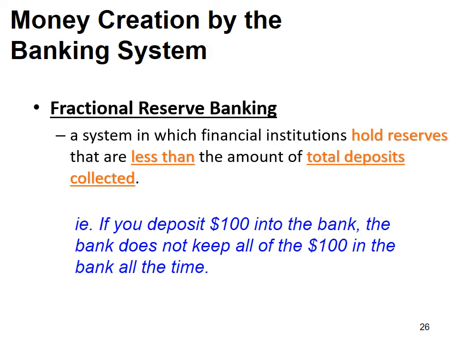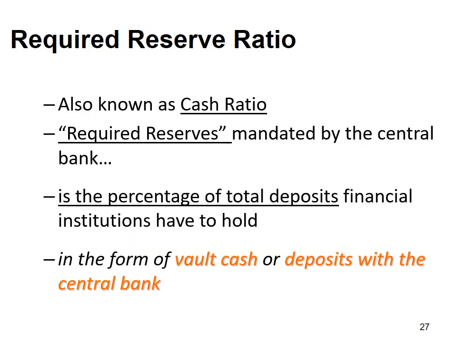They would mandate that commercial banks must keep a certain amount of those deposits in cash with them, so that in case customers come and want to withdraw their deposit, they have the cash to do so. That is known as the required reserve ratio that is set by the central bank.